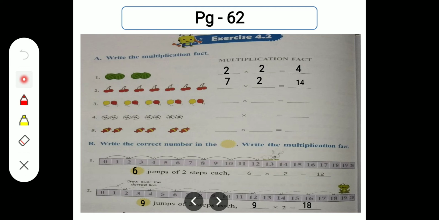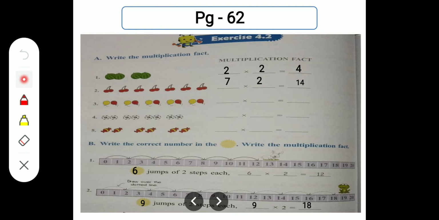So first let us count how many groups there are. 1 group, 2 groups. So number of groups into number of watermelons in each group, that is 2 into 2 is equal to 4. So 1, 2, 3, 4, and here 4.